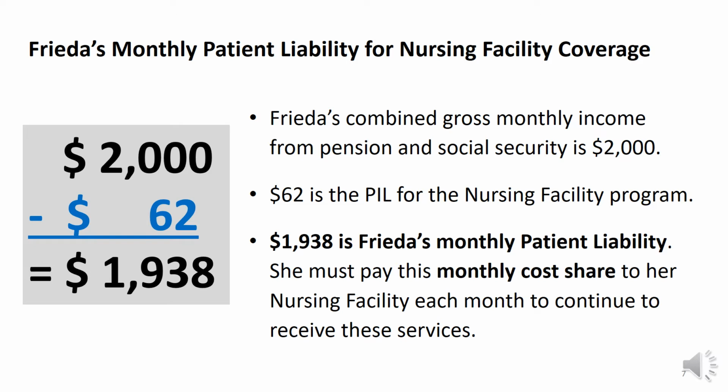So the calculation is total gross monthly income minus protected income level. And so we've got 2,000 minus 62. That leaves Frida with $1,938 in a monthly patient liability. That is her monthly cost share for those services. She must pay this monthly cost share to her nursing facility each month to continue to receive those services.